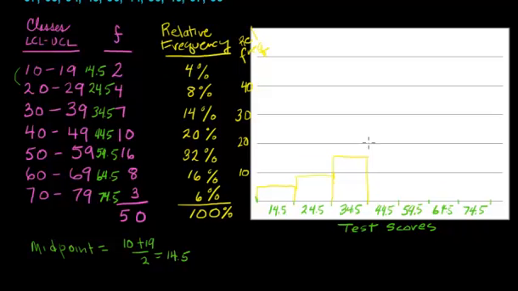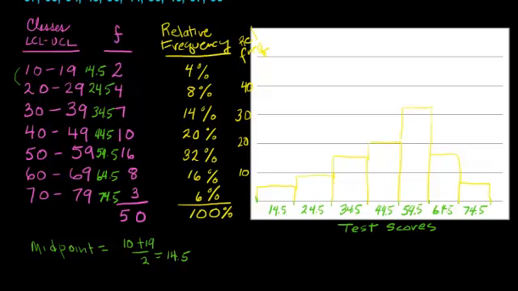The next class is 20%. And then 32%. 16% right in here approximately, and then 6%.